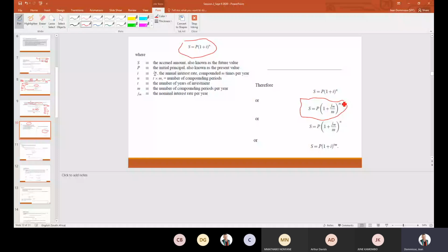And that is why in these formulas, that M can be monthly, so you divide by 12. It can be twice a year, so you divide by 2. It can be quarterly, so you divide by 4. It can be daily, we seldom have that.